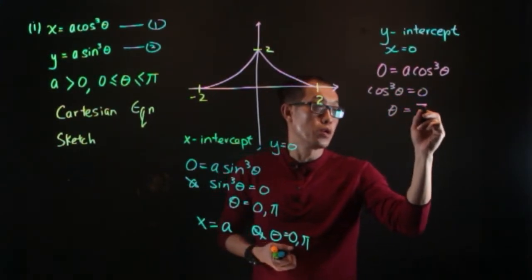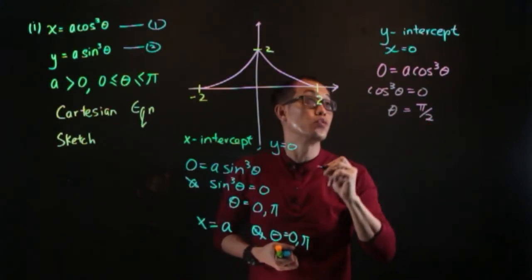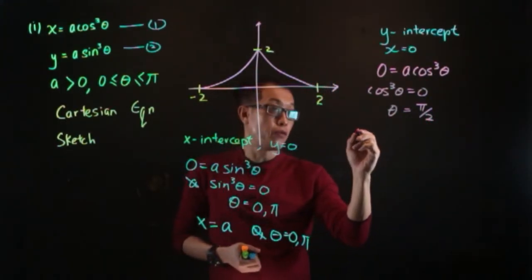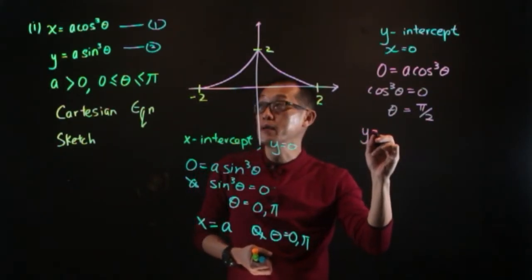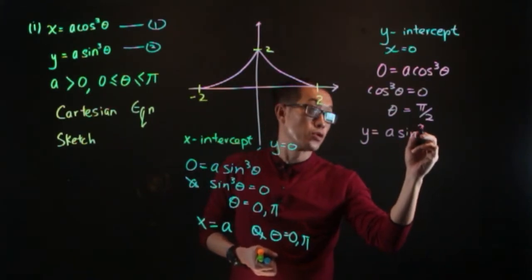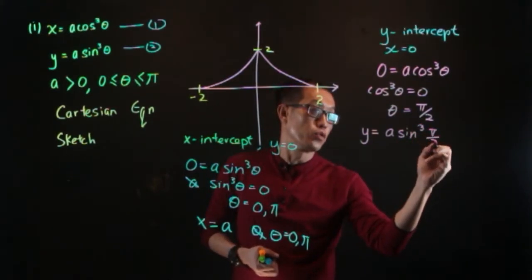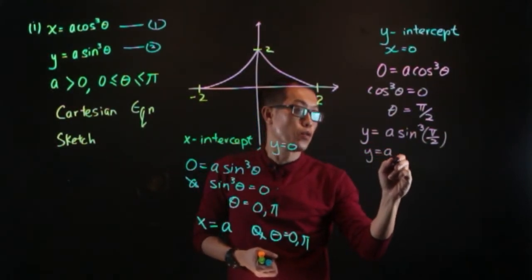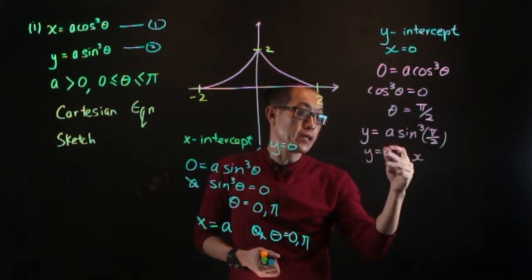Theta equals pi over 2. Now when theta equals pi over 2, what is your value of y? y will be equal to a sine cube pi over 2. Sine of pi over 2 is 1, so y will be equal to a when x equals 0.